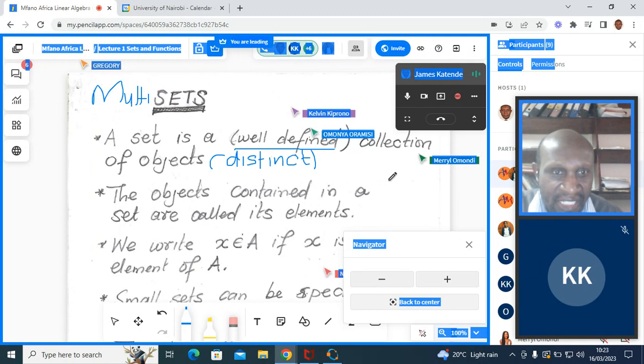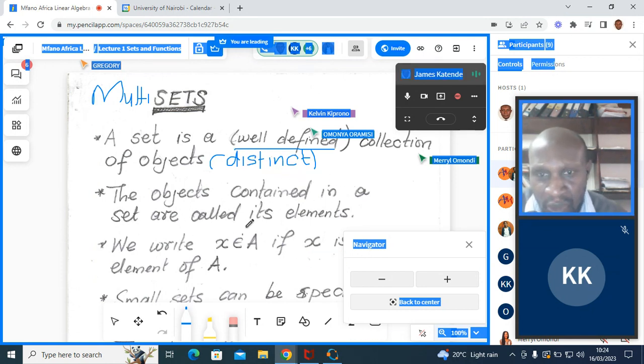For instance, a set can be the set of economics students in the University of Nairobi. So that becomes easy. I can quickly tell if I have an individual. It's a well-defined set because I can easily tell whether that individual is in the set or not in the set. So that's what we mean by well-defined.